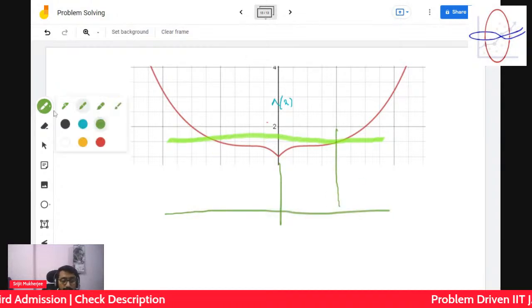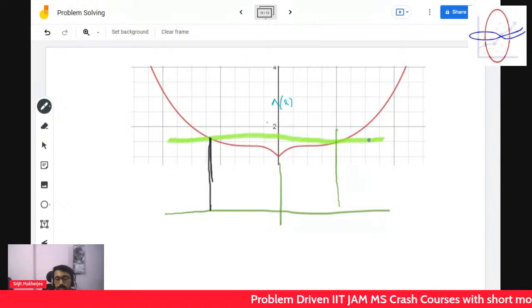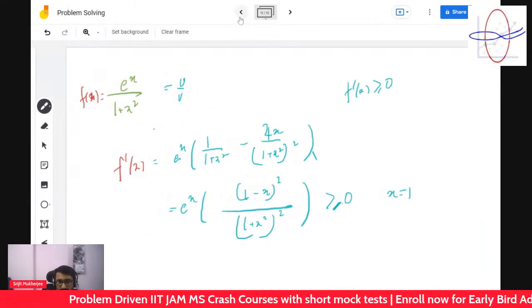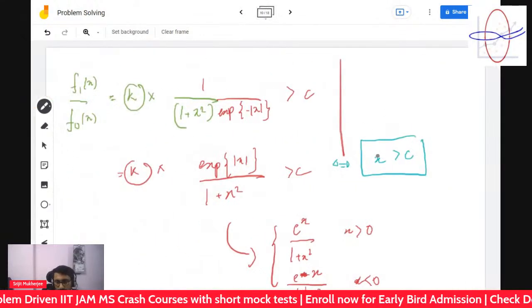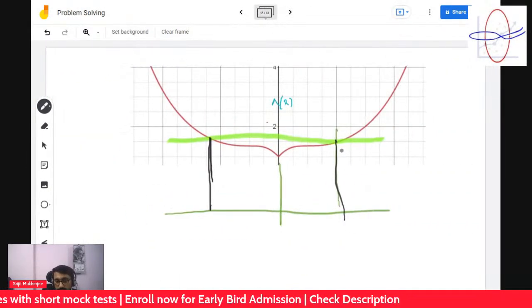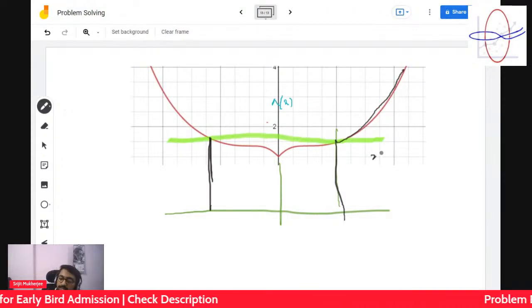Oh, sorry, I have done something wrong. Thank you for telling this. It will be mod x greater than c, not x greater than c. Yes, thank you. So this greater than c will turn out to be the x greater than c part and the x less than minus c part.